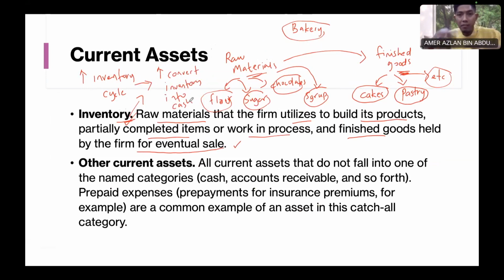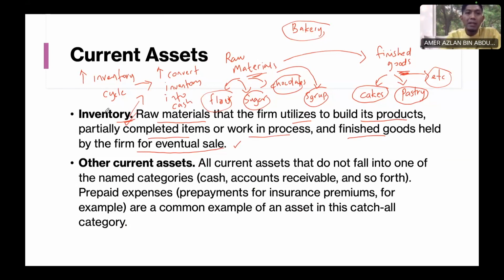If the cycle is fast, okay, fast inventory cycle means you bought the raw materials today and today you use them to produce your cakes. Tomorrow you sell your cakes to your customers. Your cakes are so popular, every day you have demand for your cake. So every day you get your materials in and out, in and out, in and out. So the raw materials, you convert it into cash very quickly. Okay, so that is a good indicator. That is a good short-term liquidity indicator.